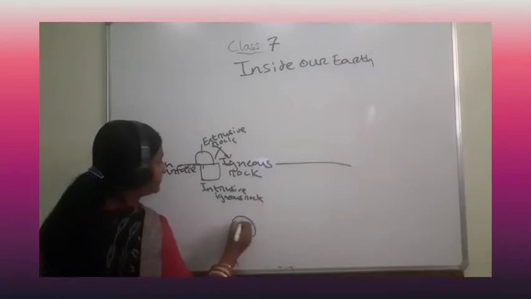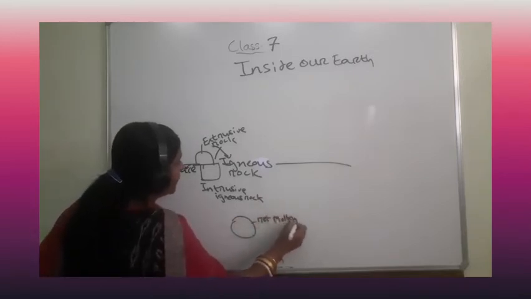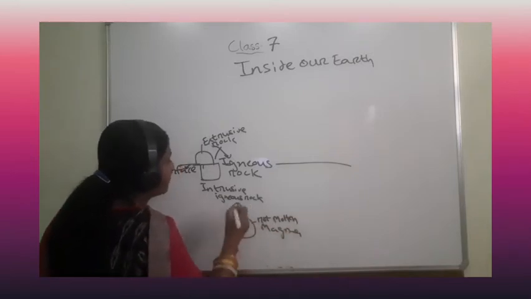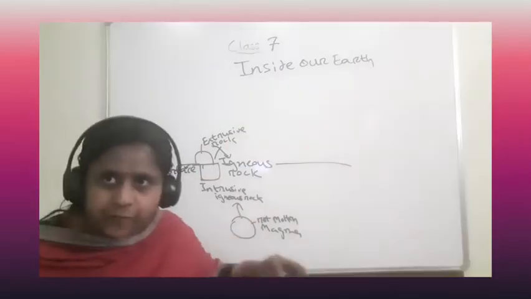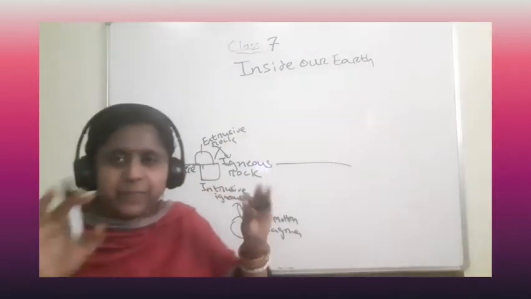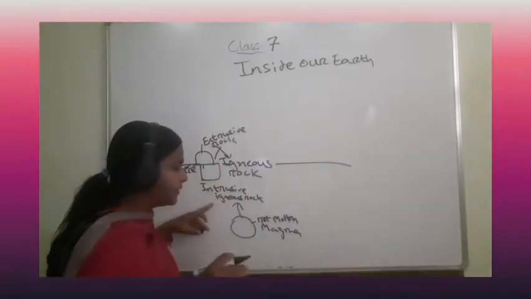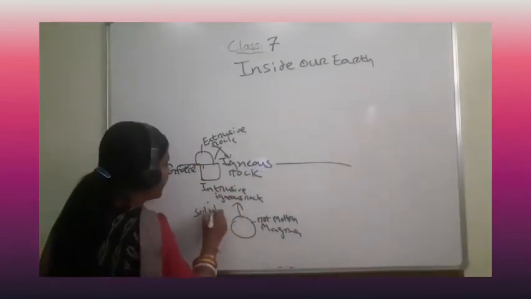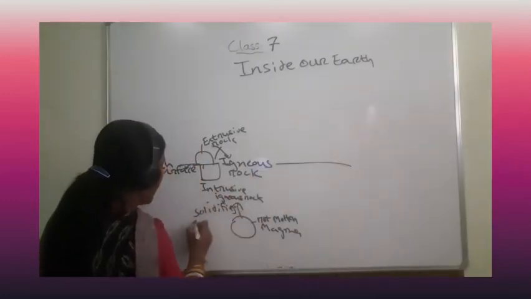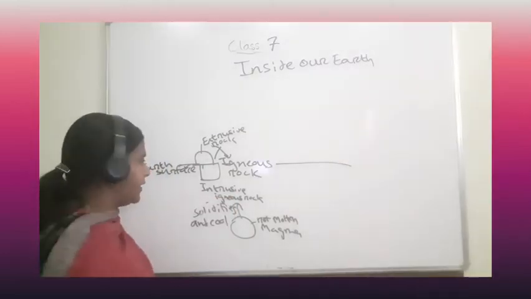This is hot molten magma. When hot molten magma comes into the earth's crust, there are creeps and cracks inside the earth's surface. Inside, it solidifies and cools down and forms intrusive igneous rock.